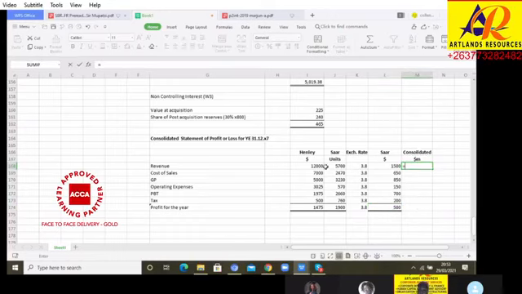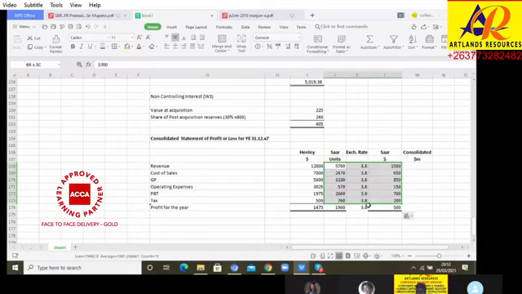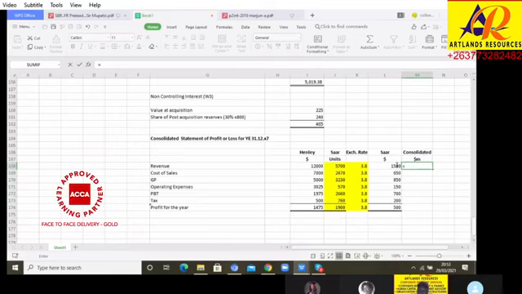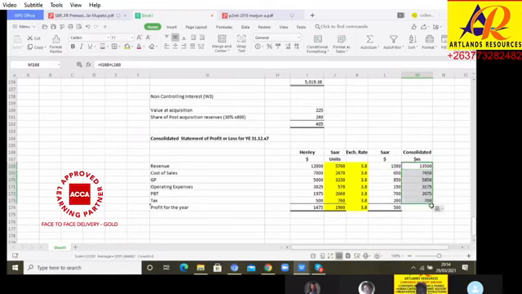The ones which are translated, we can shade in yellow. We are now left with dollars. So you can say equals this plus this, and drag.